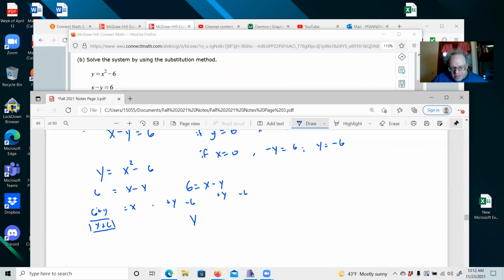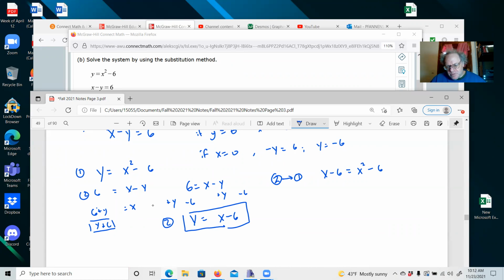We'll say y is equal to x minus 6. Okay, that way when we have our equation 2, we have equation 1. So I'm going to insert what I have for equation 2 into equation 1. So we have x minus 6 is equal to x squared minus 6.